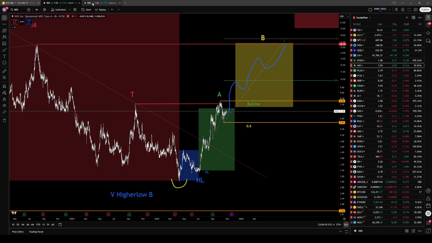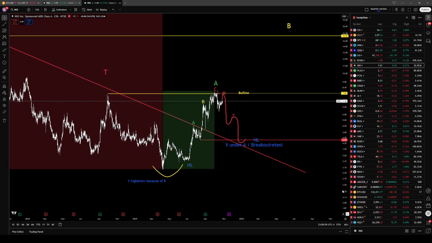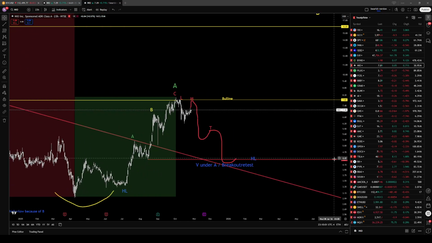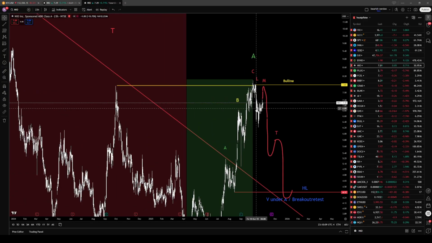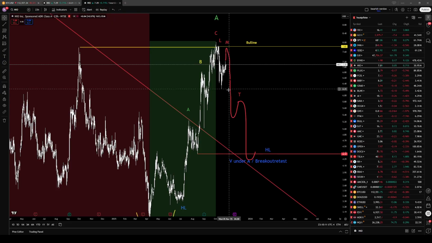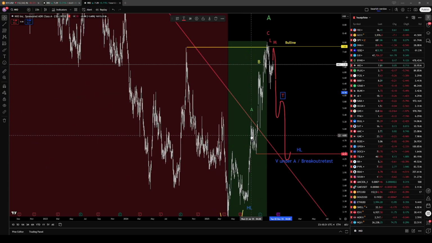For the bear version, I think it was the second version. For the second version, you still have to come up here. You're not breaking the bull line. You will reject the bull line. You will come down, bounce, make your T, and then your BYND, which would also be a breakout retest at 436.